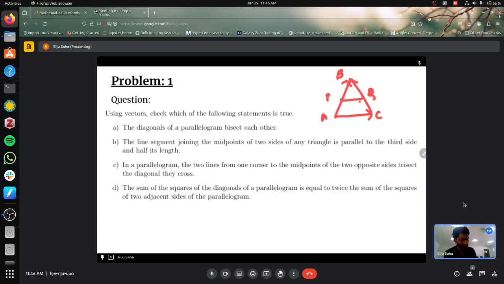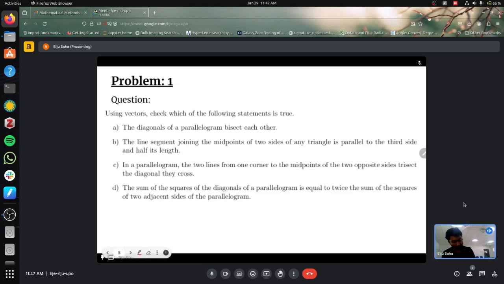That is, PQ is parallel to AC and is half of its length, PQ equals half of AC. This is what we have to prove using the rules of vectors. Let me go to the next statement.